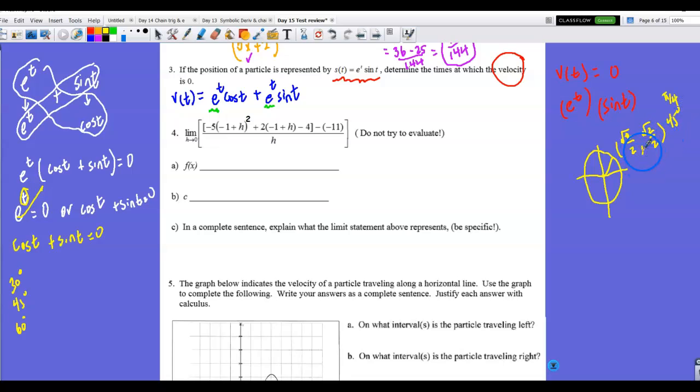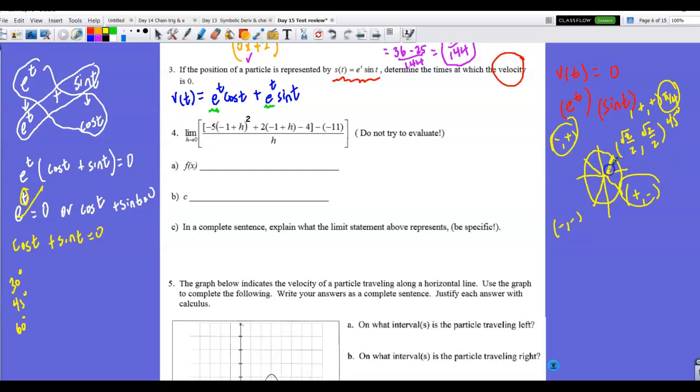Now, it can't be first quadrant because positive, positive would not make 0. Second quadrant, we have negative, positive. Ooh, opposite signs would make 0, so we're going to need the family member that is in the second quadrant. Third quadrant is not going to help us because we would have same sign. That wouldn't make 0. And in the fourth quadrant, we're going to have positive, negative. So we're going to need our second quadrant family member and our fourth quadrant family member in the pi over 4 family.